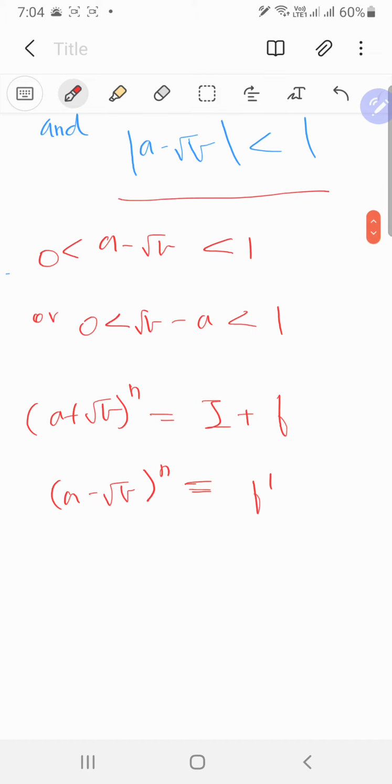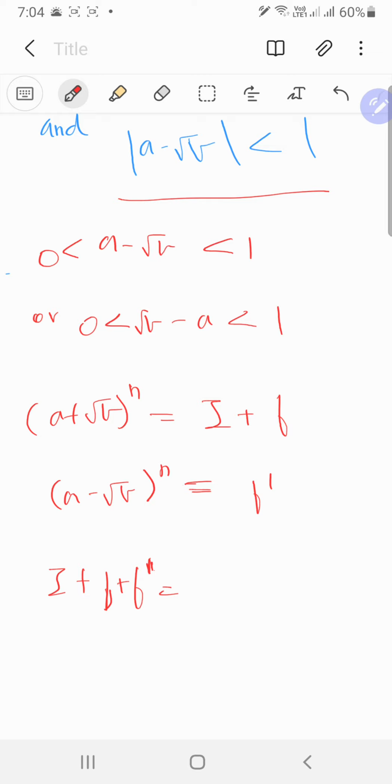Okay, so now what? Maybe we can actually add them up. So if I add them up, I'm going to get I + f + f dash. Okay, that is supposed to be equal to, if you add them up, you can see that you are only going to get the integers, right?